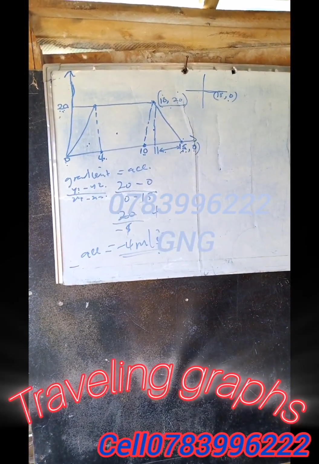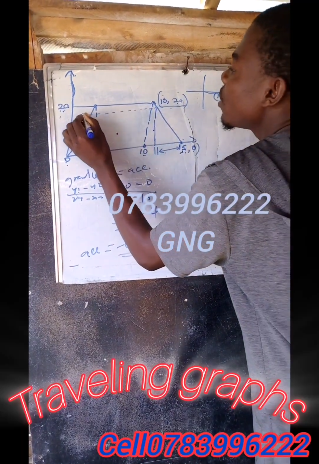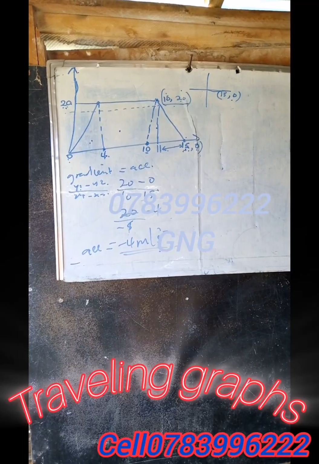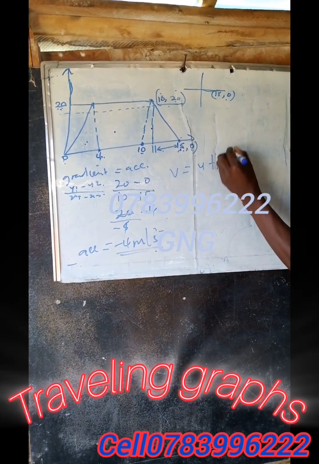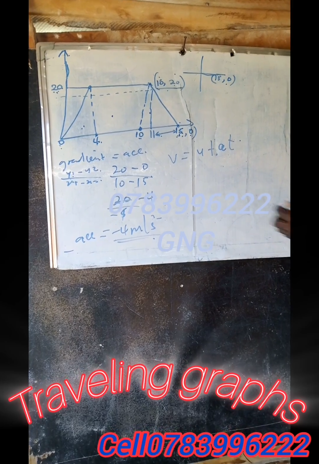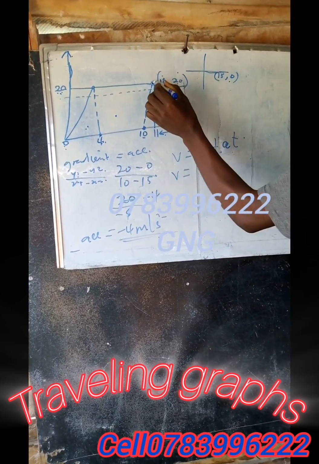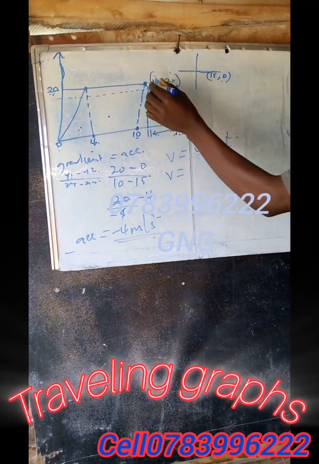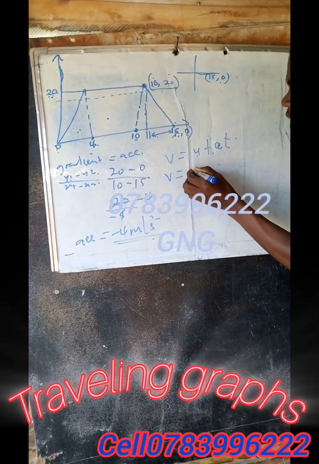Now, if you look carefully, we want to find the velocity here of this second triangle. So what is the formula for velocity? V is equal to u plus at, where u is my initial velocity, which was 20.